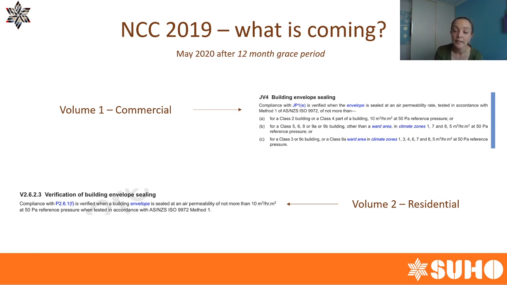And a score of 10 is reasonable. It is not particularly stringent. It's not too difficult to achieve. And I'm personally just very pleased that the building code has included blower door testing, because it means that more people are going to be aware of it and talking about it and getting used to this terminology. So that's really positive.